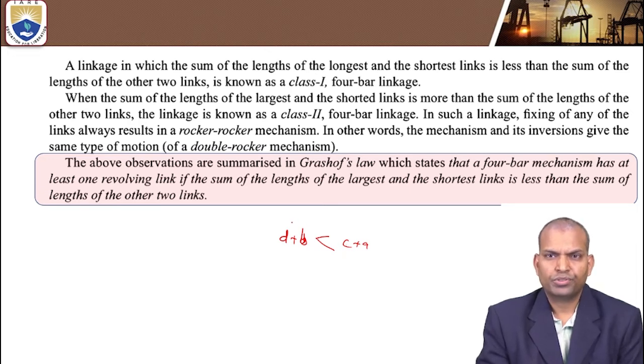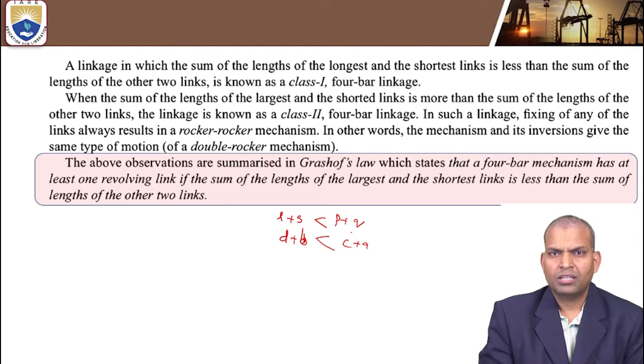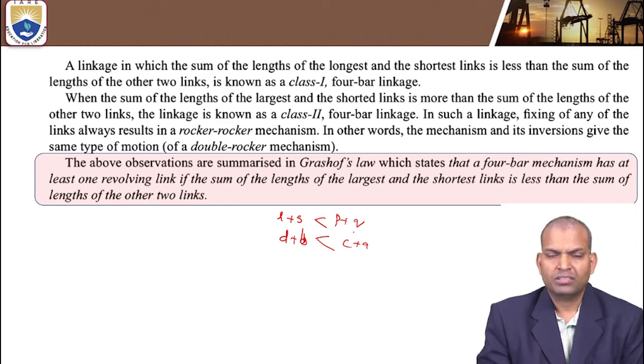In some books, they mention that the length of the longest plus the length of the shortest should be less than the remaining two links, P plus Q. P and Q are intermediate links. So this law is called, provided what? A 4-bar mechanism has at least one what link? Reciprocatory link? No, revolving link.